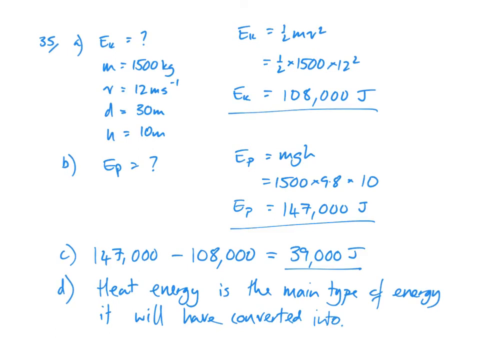And then we're going to need this answer just about the force of friction acting on the carriage. So basically friction has caused this difference in energy that we've seen between the EK and EP. So the difference is 39,000, so we need that for the next part, for part E. So that is the energy that's been transferred due to friction. Right, so that's a work done by friction, 39,000 joules.